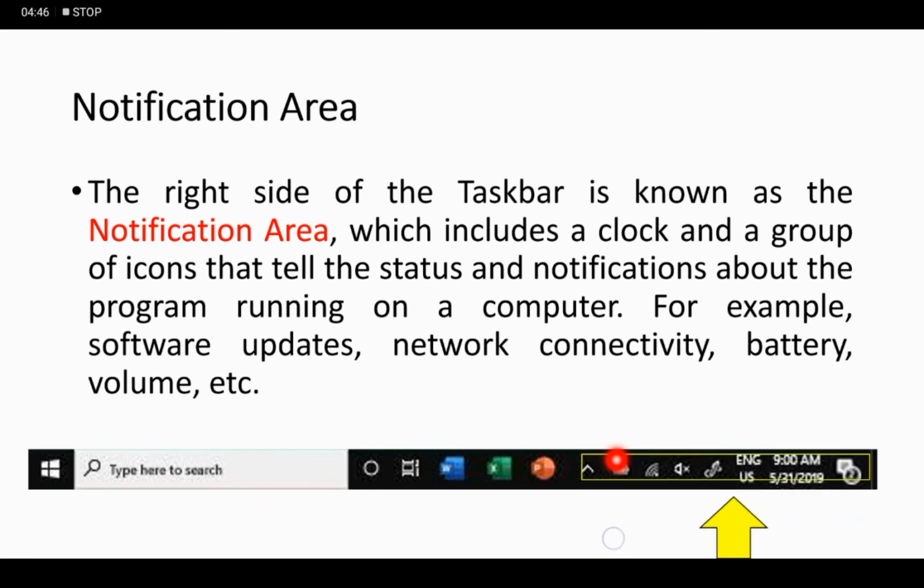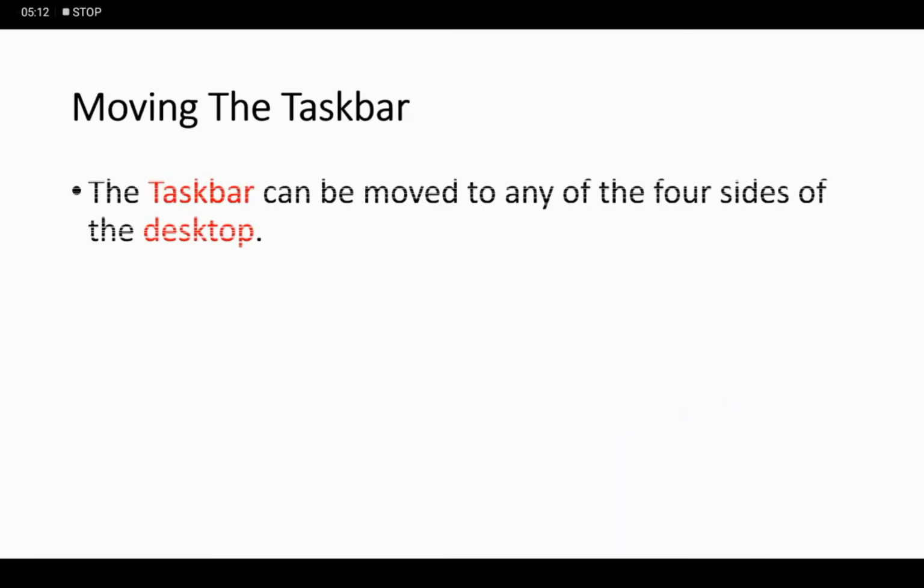Here you can see the icon of the battery, the icon of Wi-Fi, and volume. You can also adjust your date and time, and you can get other notifications related to your computer or laptop. So this is a very useful feature of Windows 10, which makes it a very strong operating system.